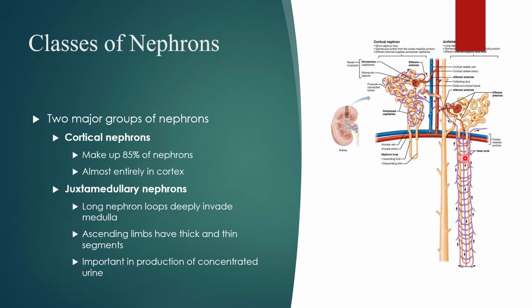We call them the vasa recta. These vasa recta are only present in your juxtamedullary nephrons. The cortical nephrons would have an extension of the papillary blood vessels, capillaries, reabsorbing filtrate from them.